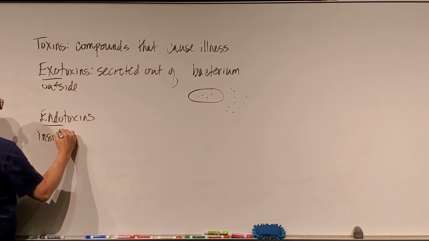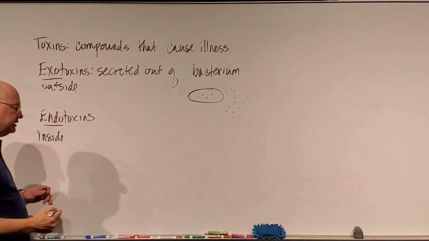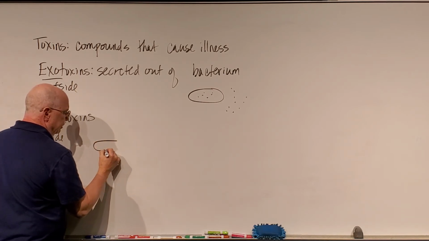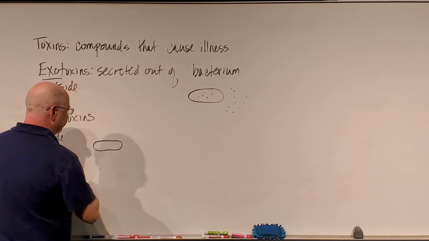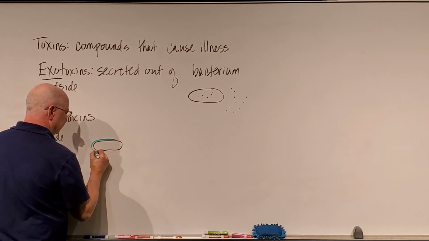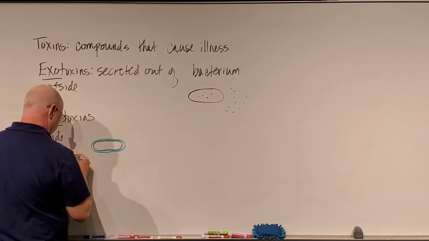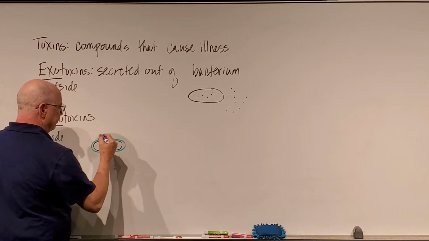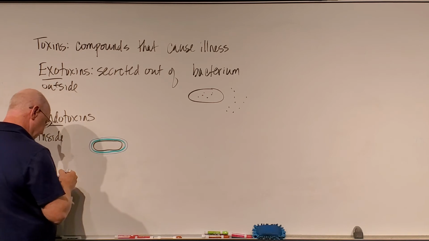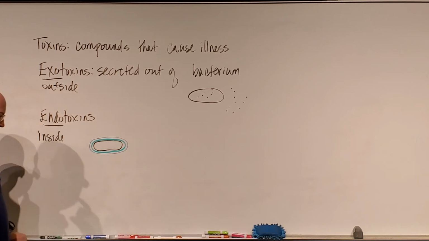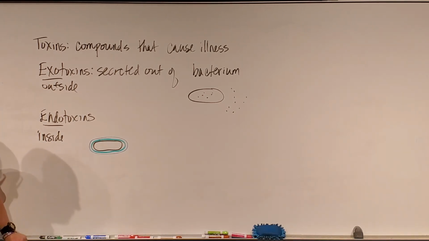Endotoxins means inside, and really they're not necessarily always inside, but bacteria have a cell membrane, and then they have a glycocalyx, the cell wall, and then some bacteria have outside of that a capsule. Okay? And that capsule can very often sometimes be called like a slime layer, or it's called a capsule depending on how thick it is.